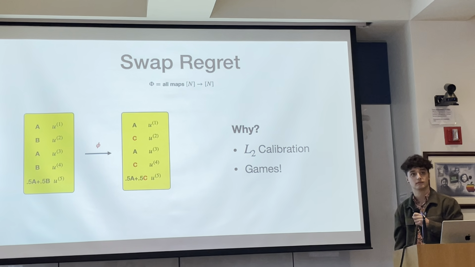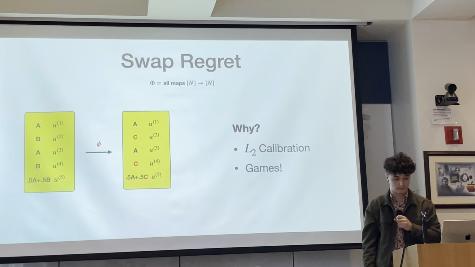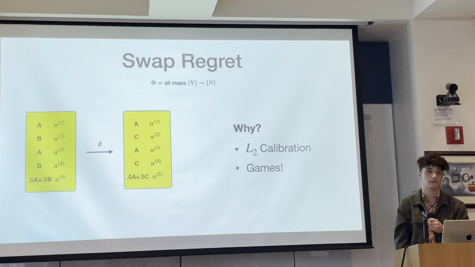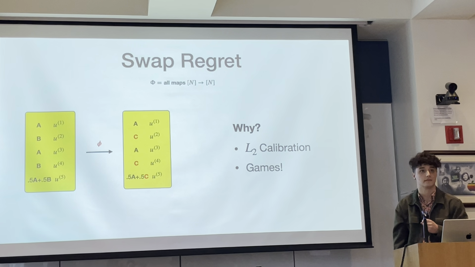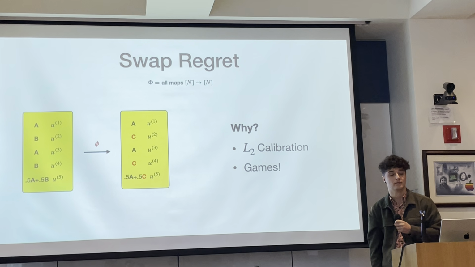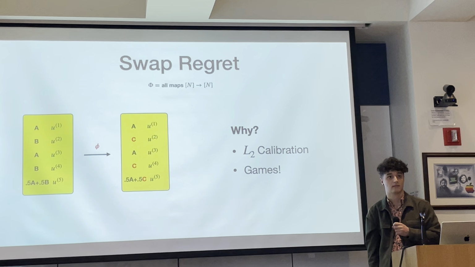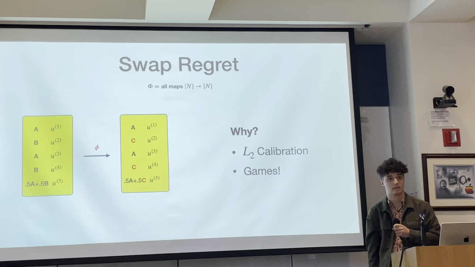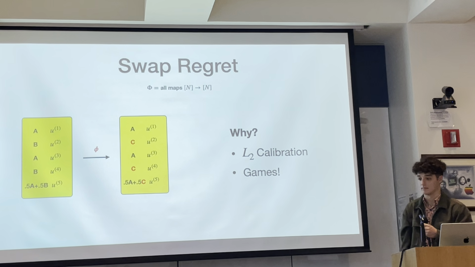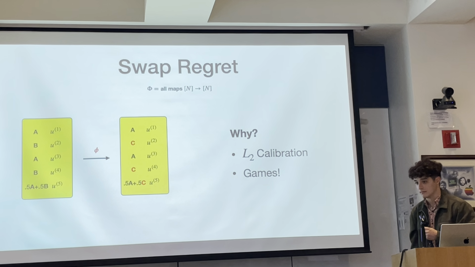Maybe my question was simpler. I was just wondering, if the number of rounds was smaller than the number of players, then you'd be comparing to the best possible offline strategy because this map could be arbitrary. Is that correct, or is that not correct?